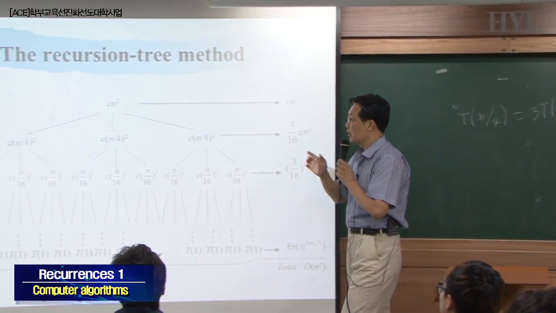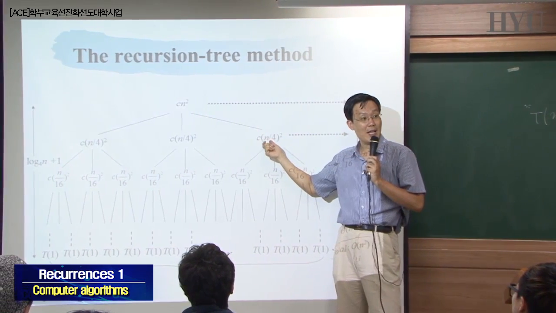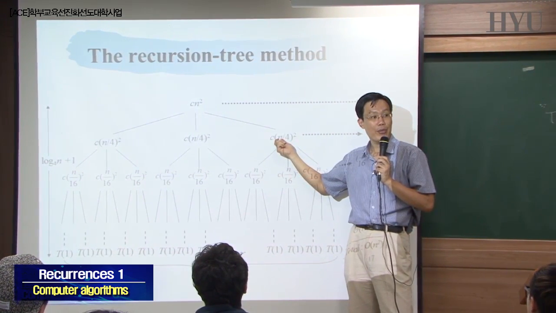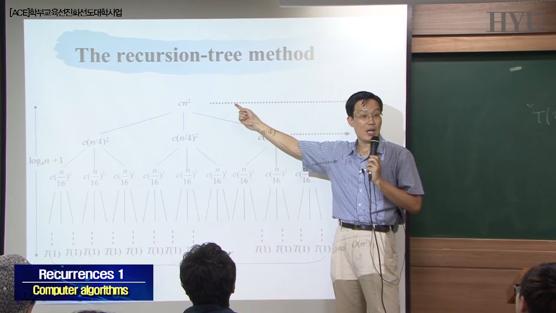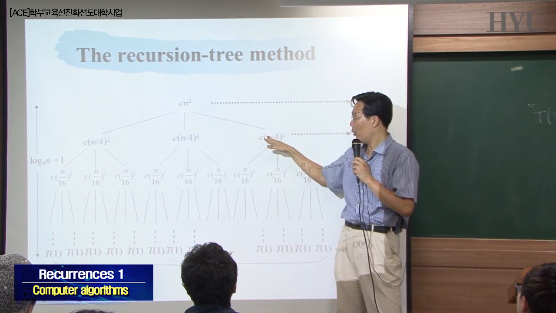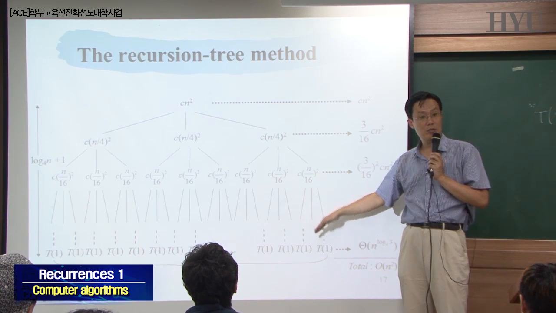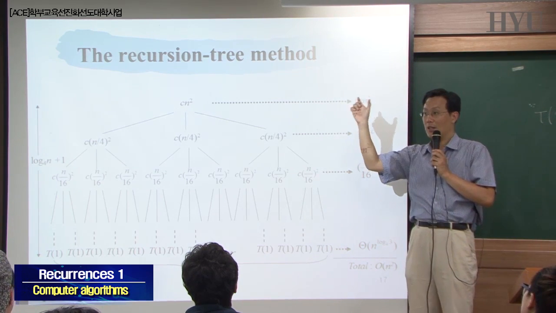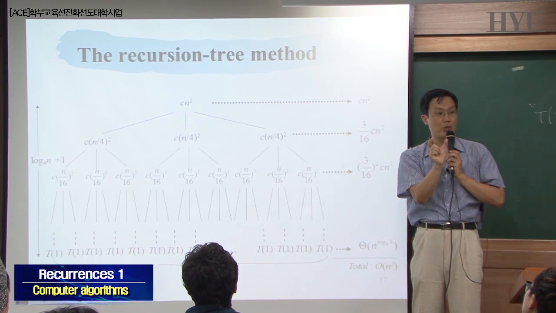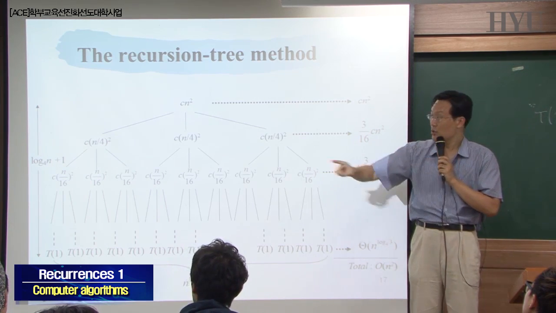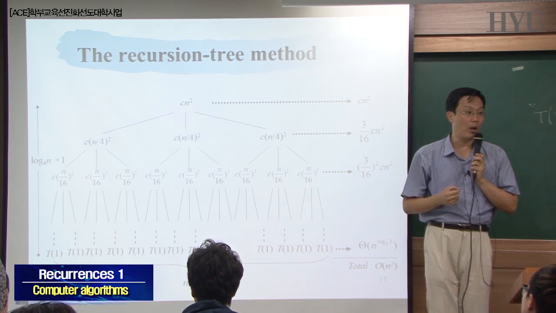Yes. The subproblem size is just 1/4 of its original size. 1/4 and 1/16. So they are divided into just 1/4 of its original size. So it's log n base 4.